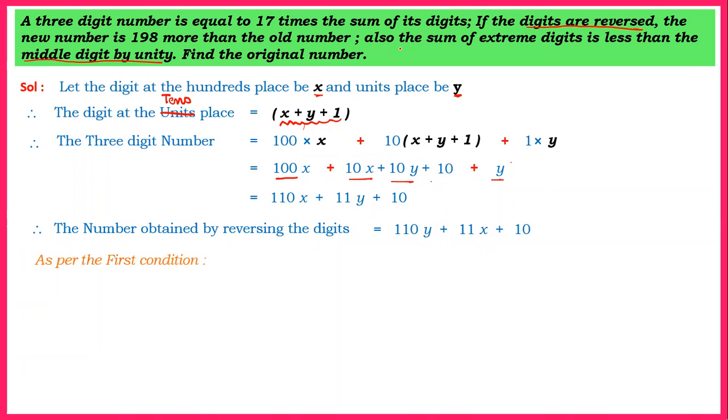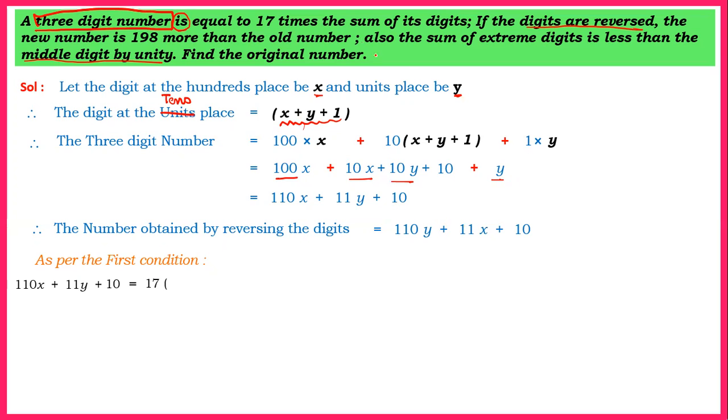Now let us look at the first condition. Now the first condition, if you look at the first statement, it says the 3-digit number is, now our 3-digit number is 110x plus 11y plus 10, which means equal to 17 into bracket.